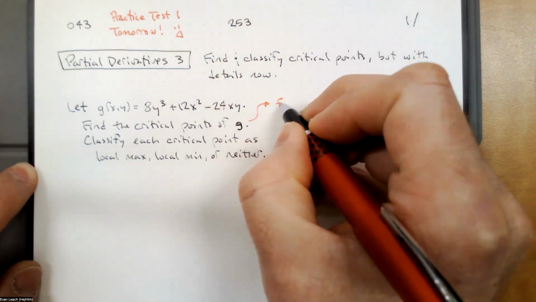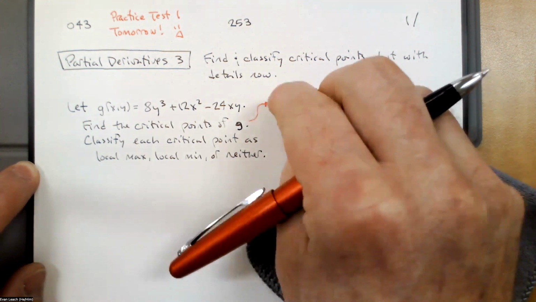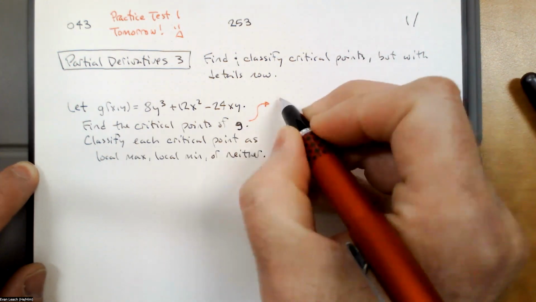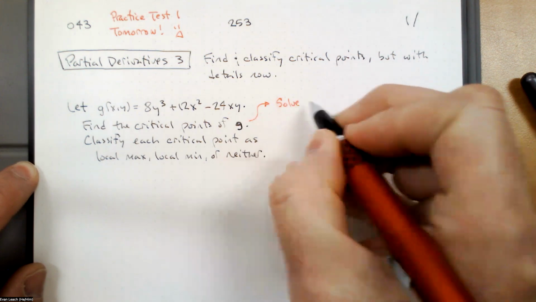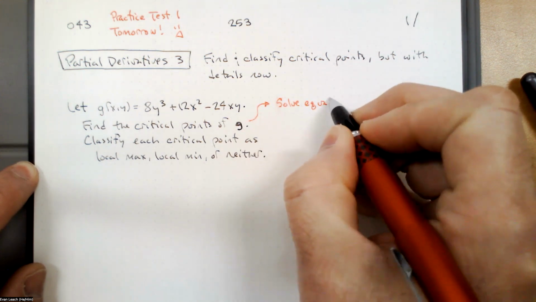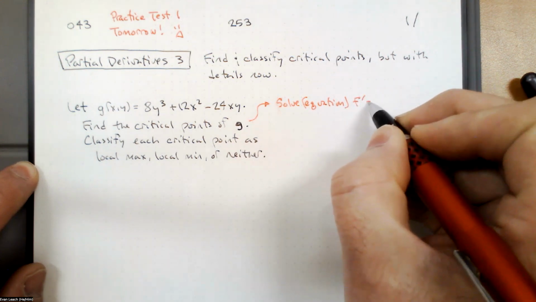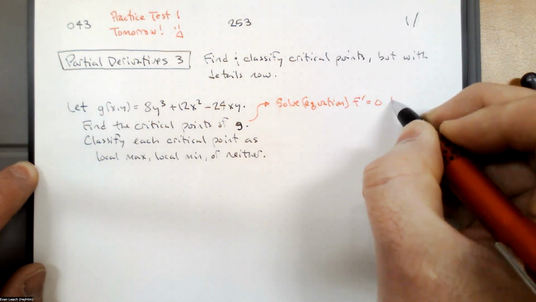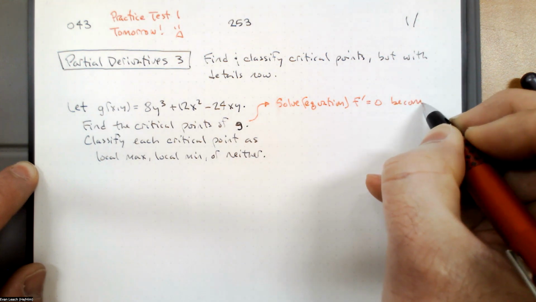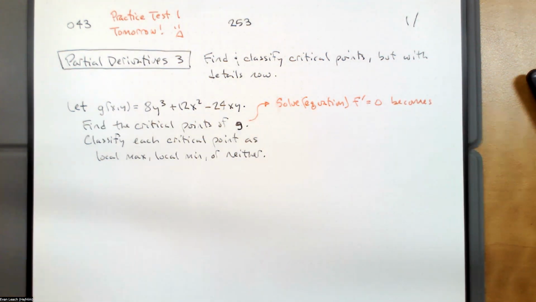When in the past we said solve the equation f prime equals 0, this has to evolve because I don't have an f prime anymore. I've got two first partial derivatives.